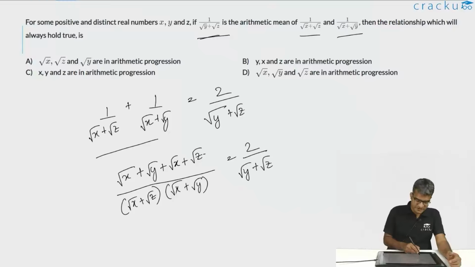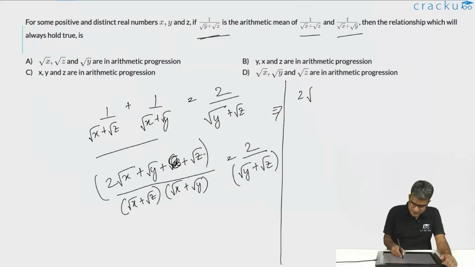We just cross multiply. This is 2 times square root of x plus square root of y plus square root of z into square root of y plus square root of z. What is the value of it? That will be equal to 2 times square root of xy plus 2 times square root of xz plus y plus square root of yz plus square root of yz plus z.